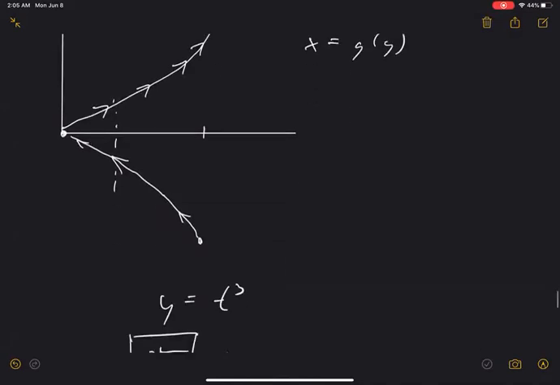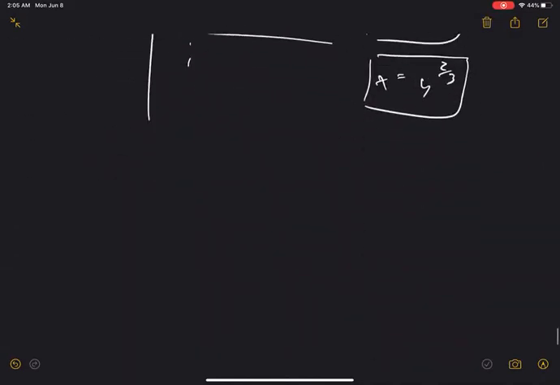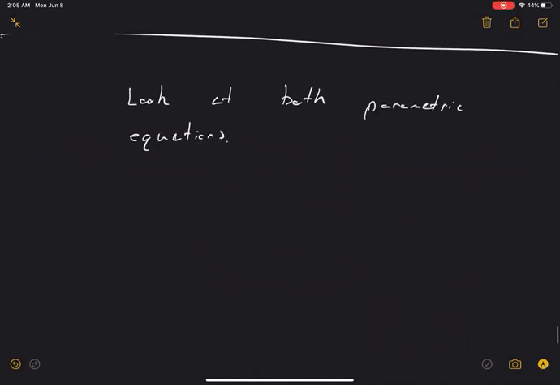For a general guideline, if you're asked to eliminate the parameter, what would I do? I would look at both of the parametric equations and think about solving for t in both.